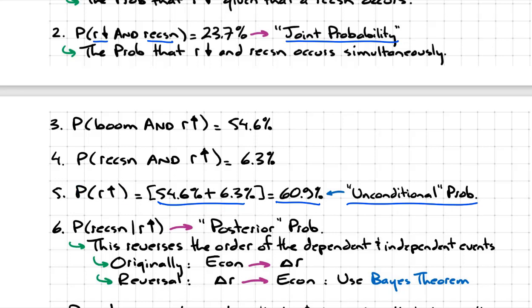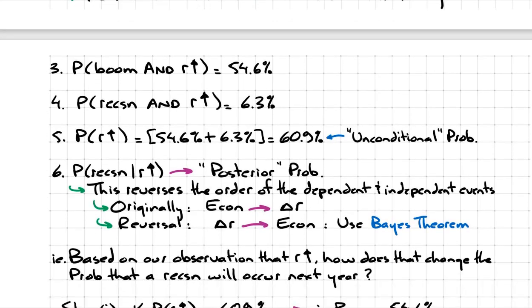Now in the sixth question, they're going to turn the tables. They're going to say, what's the probability that we're in a recession given that interest rates are increasing? This is referred to as a posterior probability, and it reverses the order of the dependent and the independent variable. Because if you look at our probability tree and the way the initial question was set up, the recession would occur first, and then we would see what's happening to interest rates.